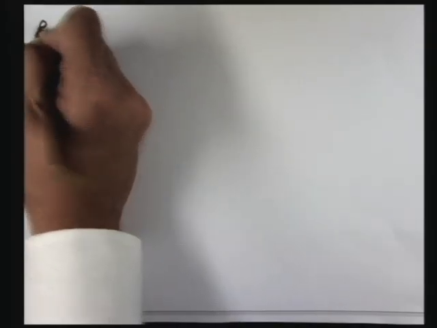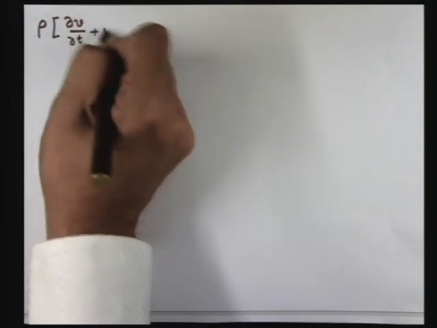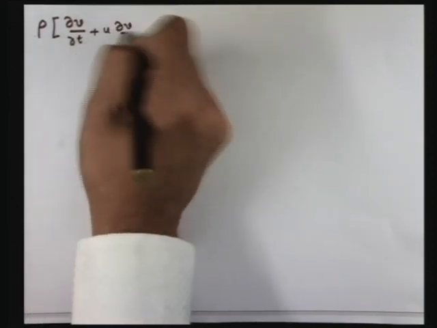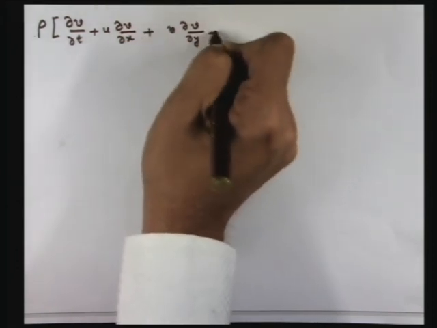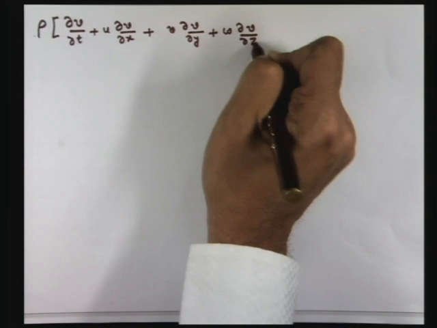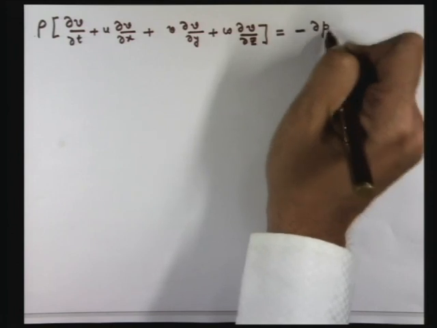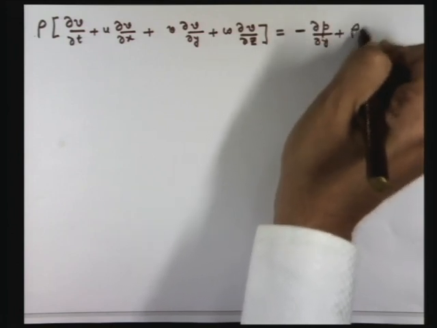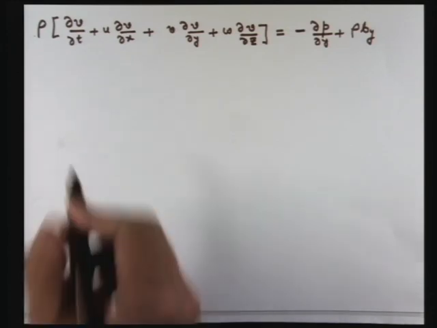So for y direction, you have rho, in place of del u del t you have del v del t plus u del v del x plus v del v del y plus w, and similarly for z direction.